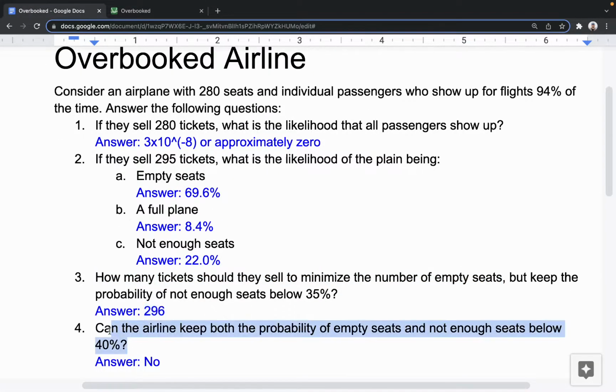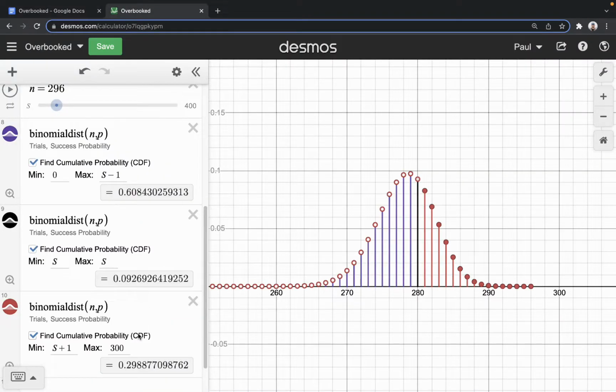Is there any way that I can keep both of these, the red and the purple, below 40%? So right now, I've got one of them, the red, below 40%. If I move that to the right, it goes real close to 40%, one more to the right. So I can't even get to 40% on one without the other being over. It's just not going to be possible.